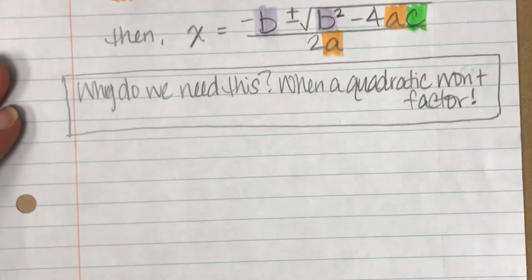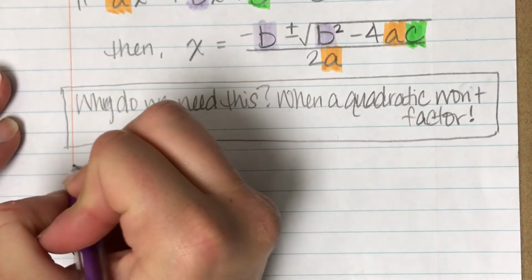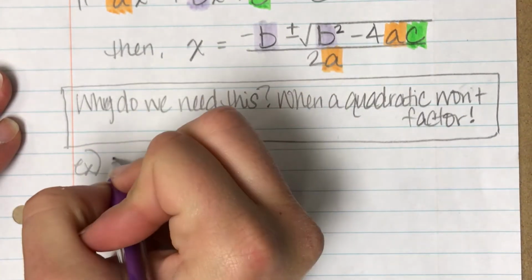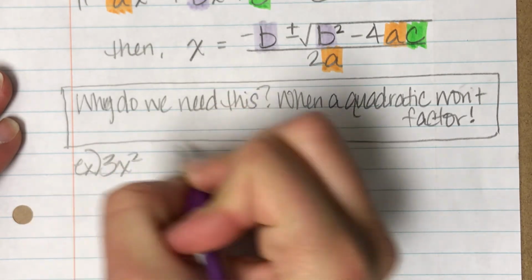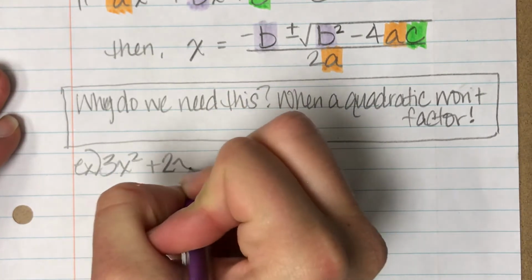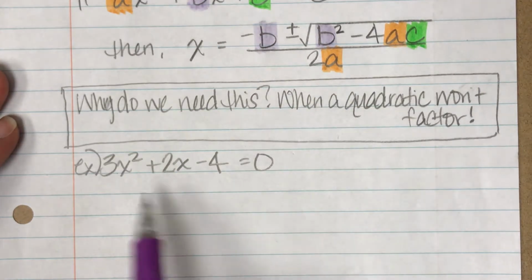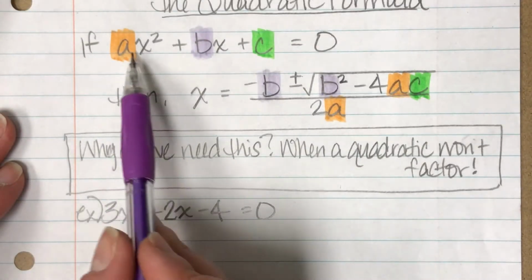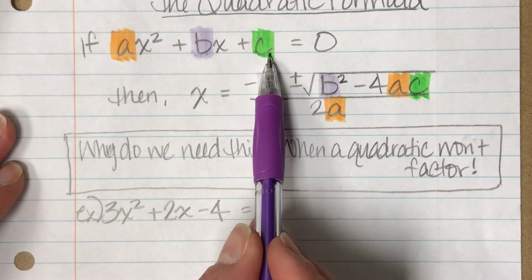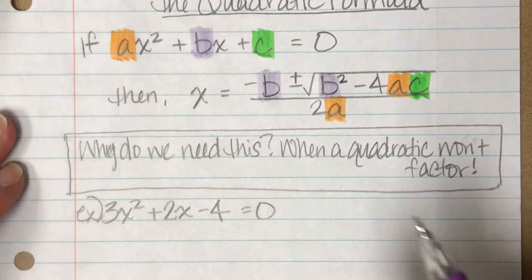Well, there are problems that don't work. So, for example, 3x squared plus 2x minus 4 equals 0. Okay, it follows our format here. We have the pieces of a quadratic and it equals 0.